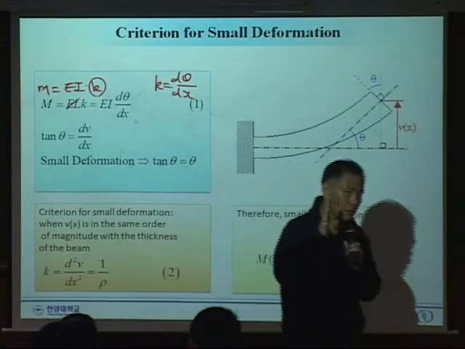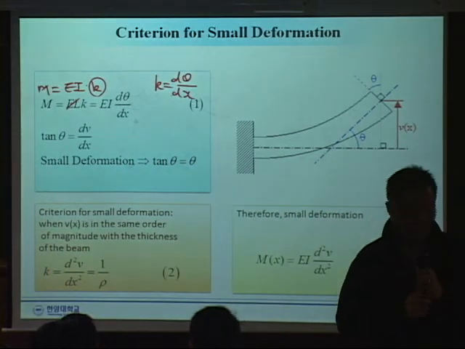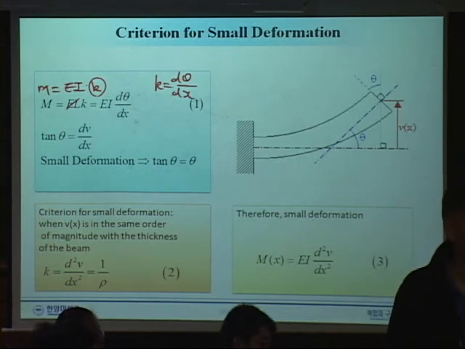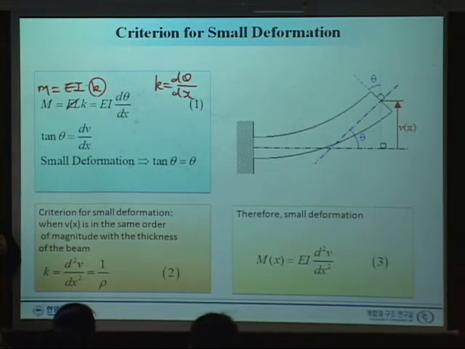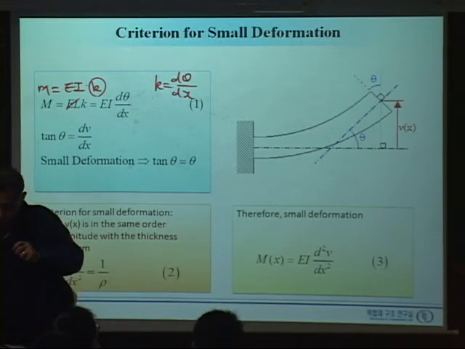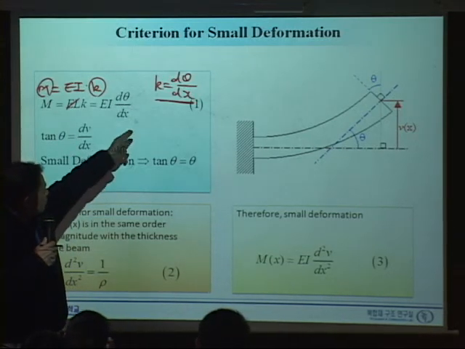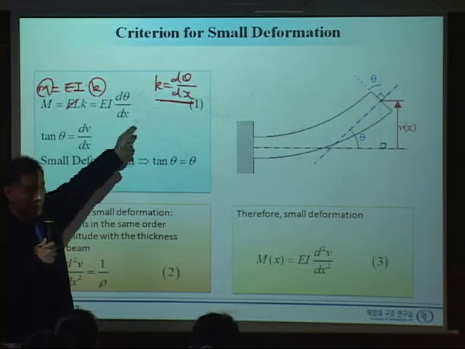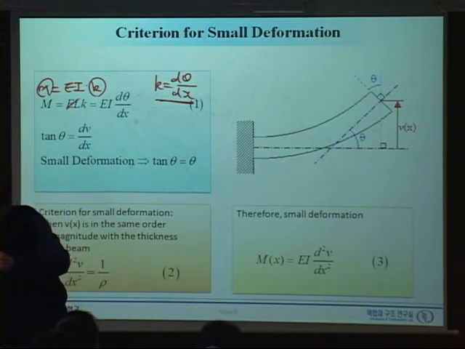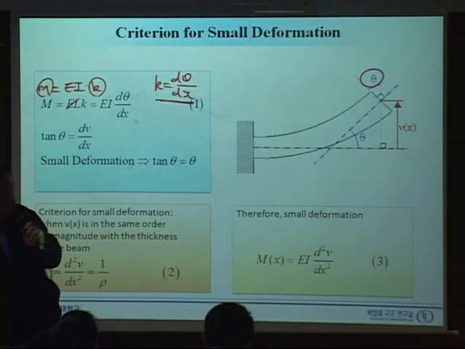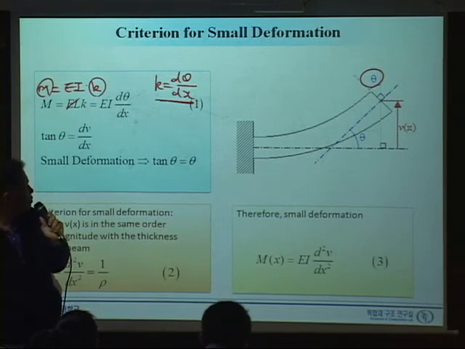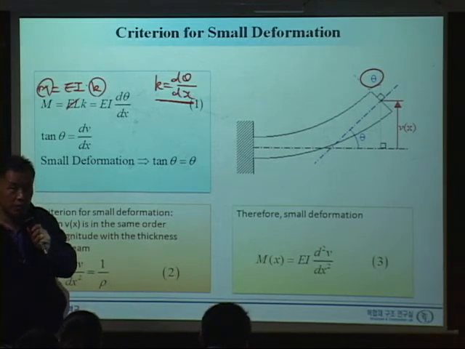The cross section is rotating. So this is the relation between moment and curvature, and curvature is the relation relating deformations. And theta is given here, and theta is changing along with x. The rate of change of theta with respect to x is the curvature.